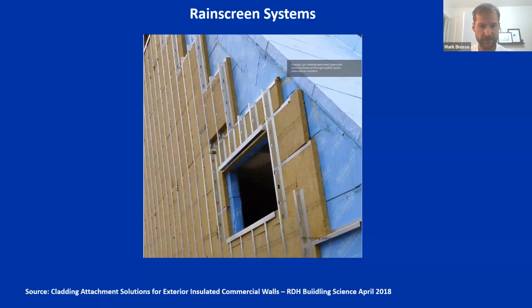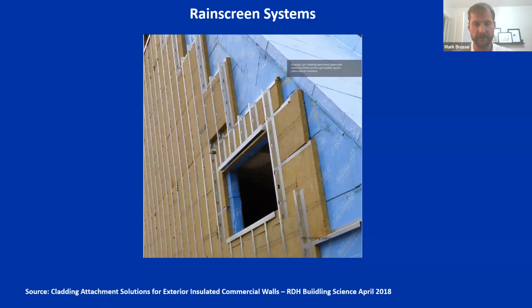So what we're doing is bringing a very deep drainage plane and a cladding system outboard of our air vapor barrier, and creating, generally speaking, a wall of water resistance.